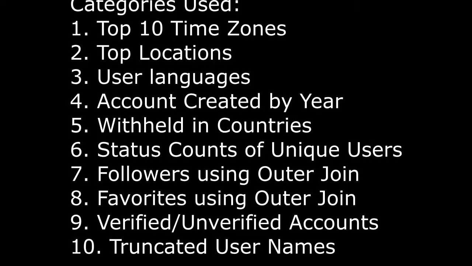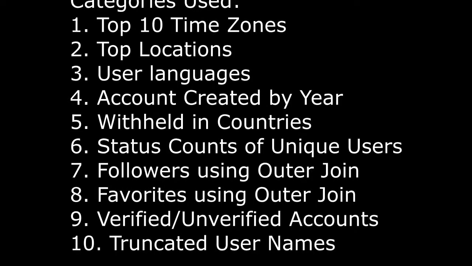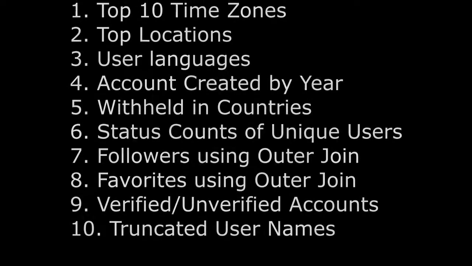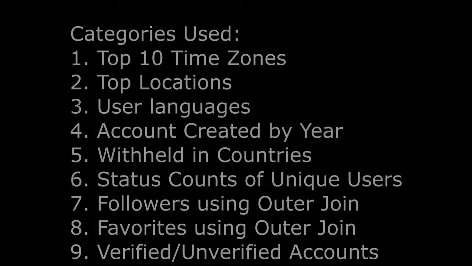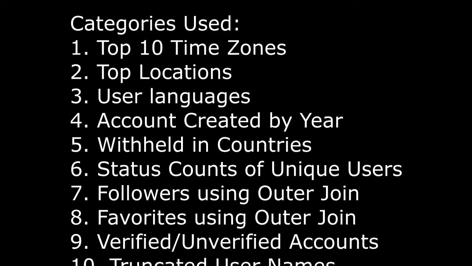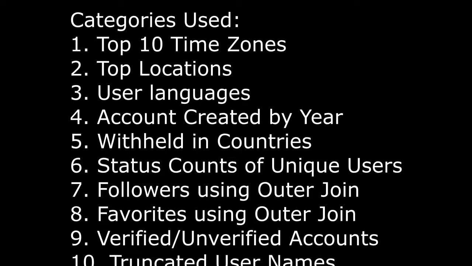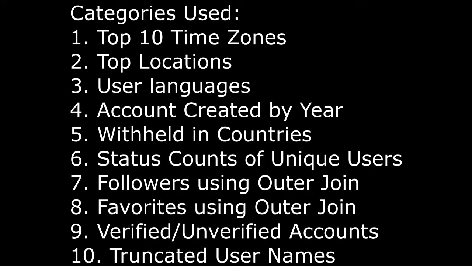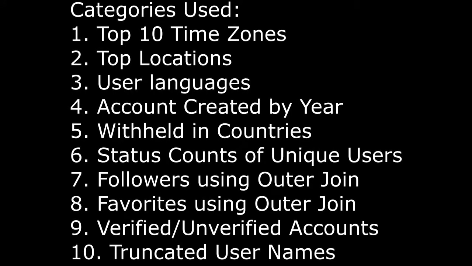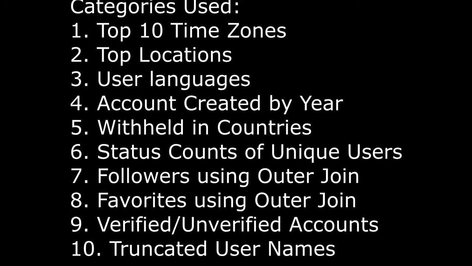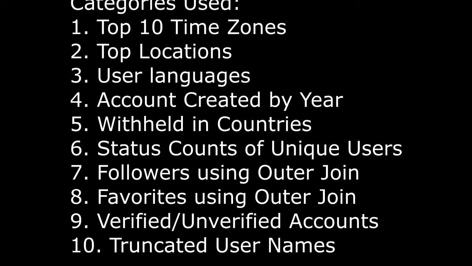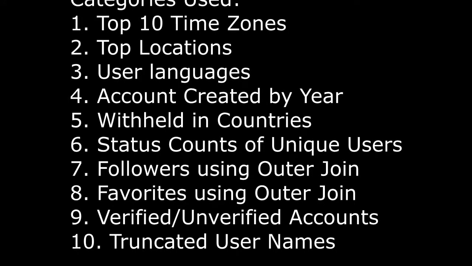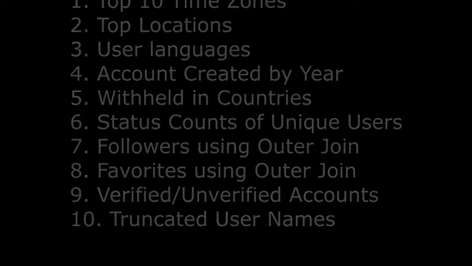The second category is top locations. Similar to the top time zones, we have extracted the top locations. All this visualization will be shown further on. The first three categories are similar: time zone, location, and languages.